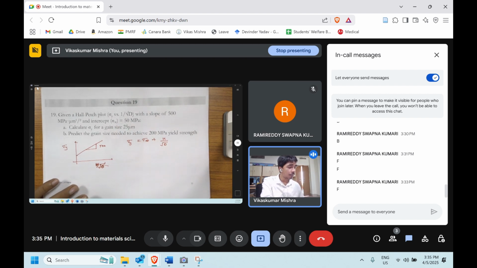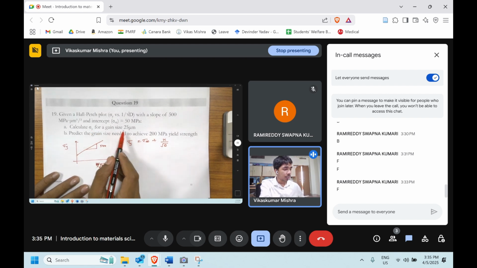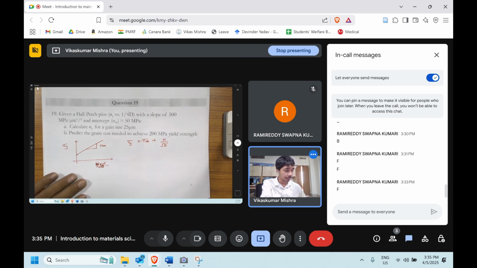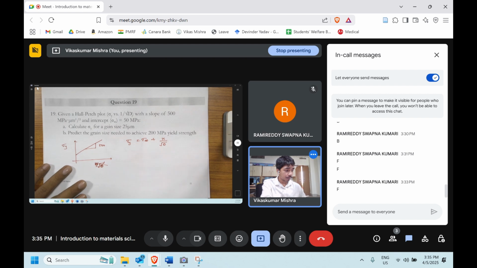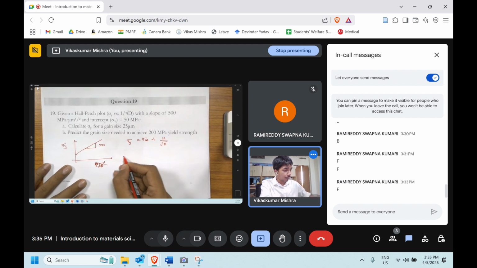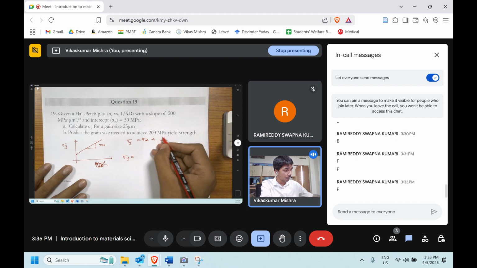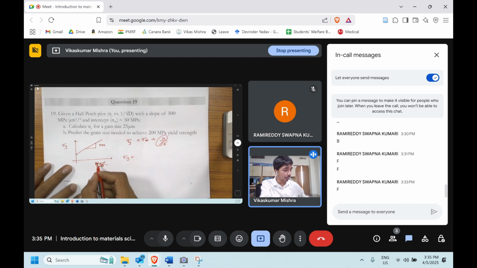What we need to calculate is the sigma y for the grain size. So how do we do that? Sigma y will be equal to, the slope of this curve is nothing but the value of k. Since it's k times 1 over root d, the slope is the value of k itself.